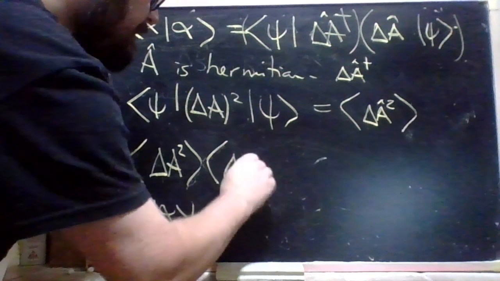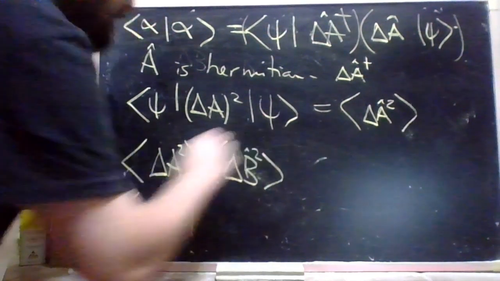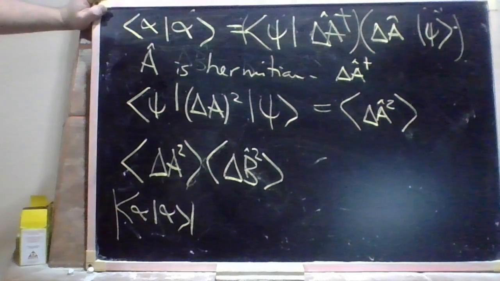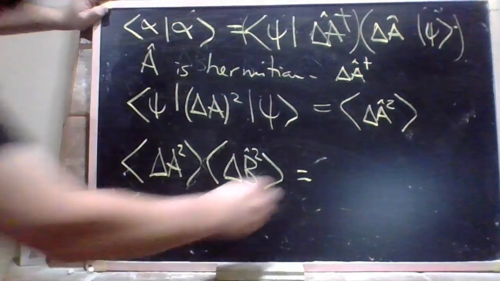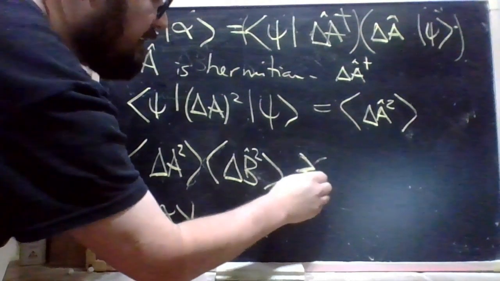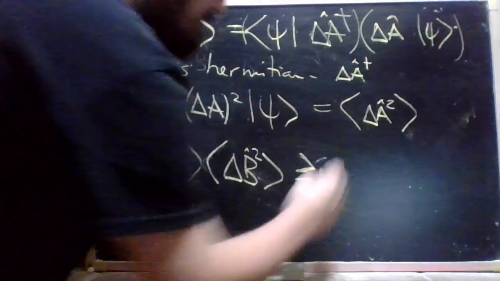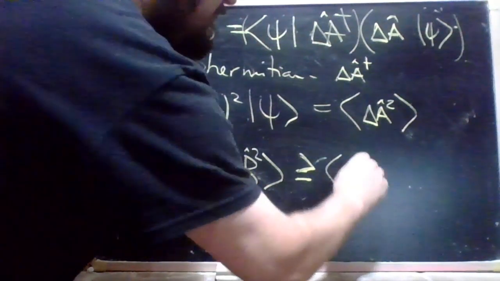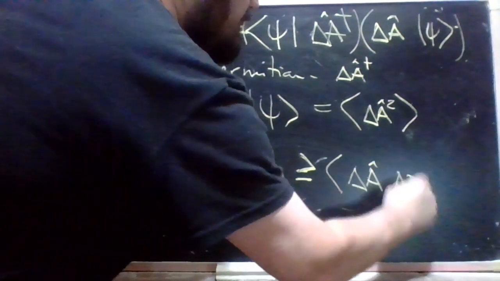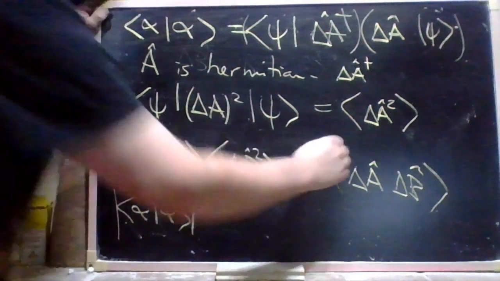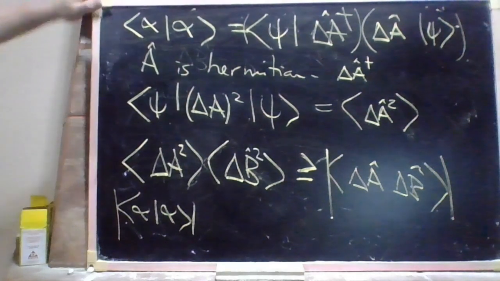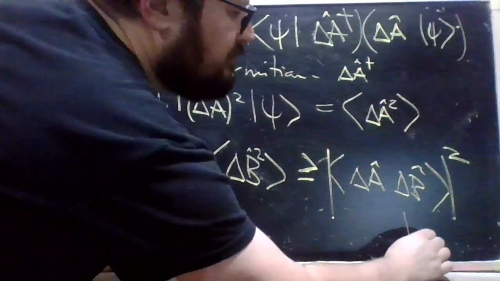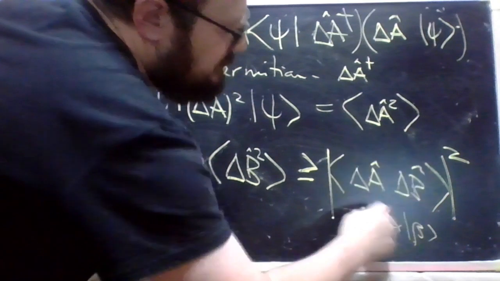And you can do the same for B, if you pick beta defined by delta B over psi, the same given state. So this is always greater or at least equal to, I can put the alpha here and the beta there, just the average of delta A delta B. Modulus, here I need modulus. And this is squared because it is a vector squared. So this corresponds to the beta projected to alpha. It doesn't matter the order.